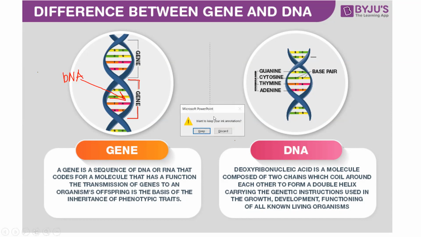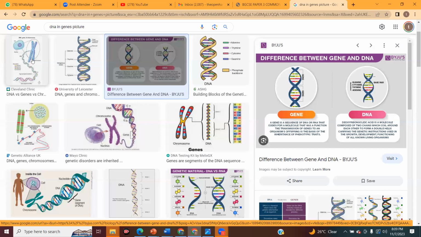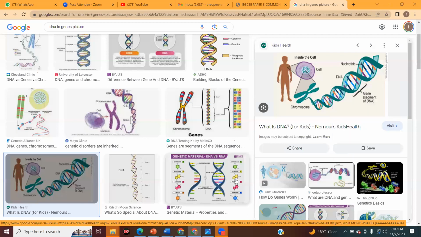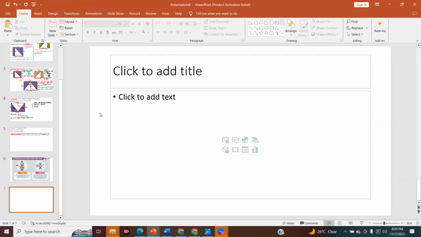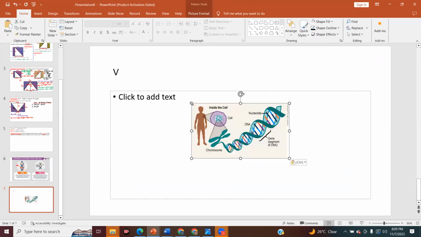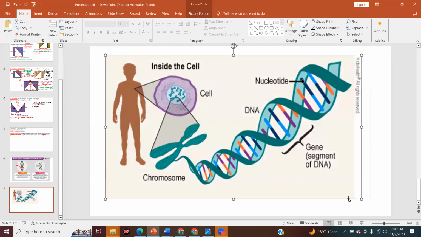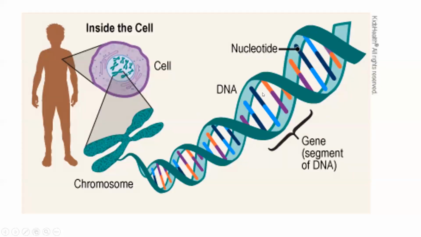Let me just show you a picture simplified for you. By the way, that's the nucleus inside the cell. If you look at this picture, this will help simplify it. The smallest unit is the DNA.